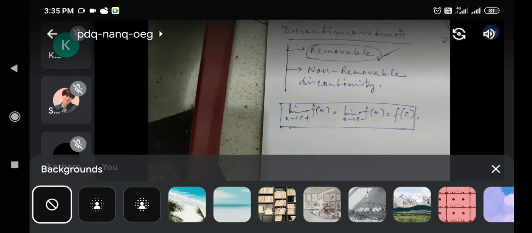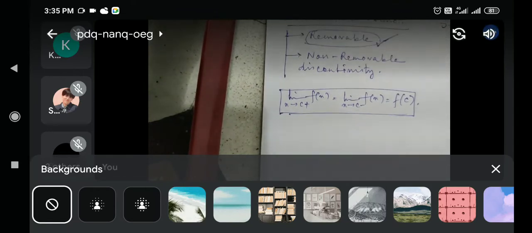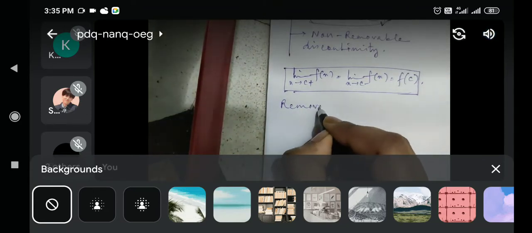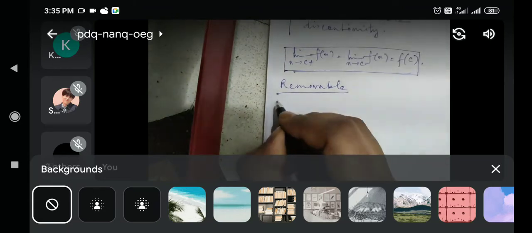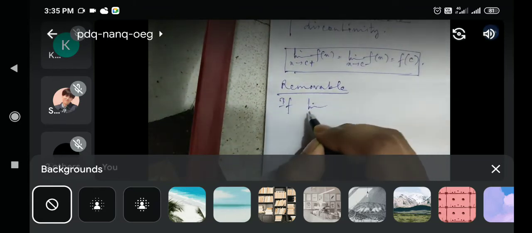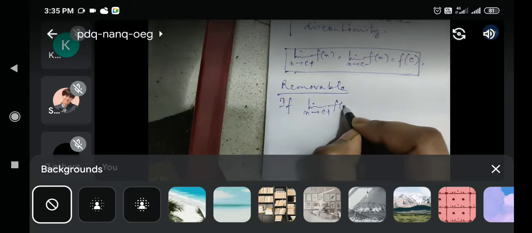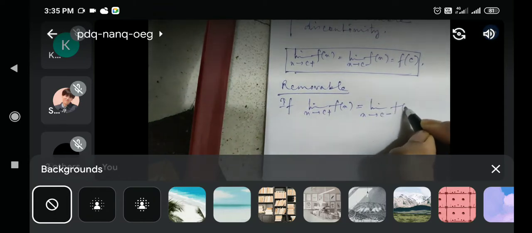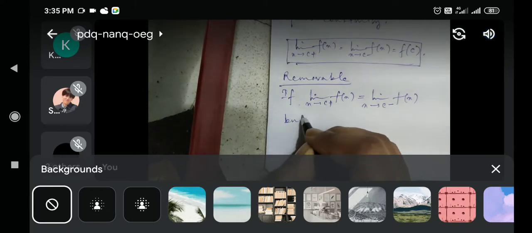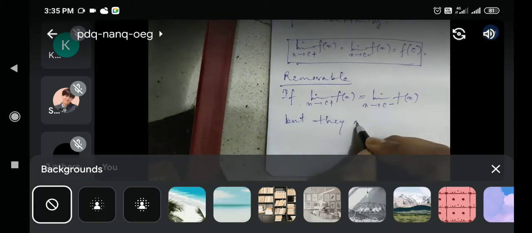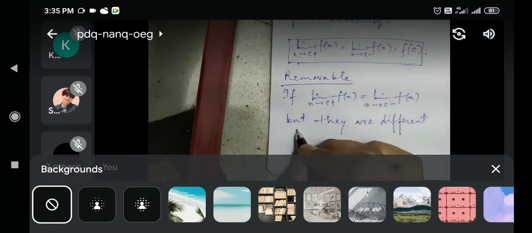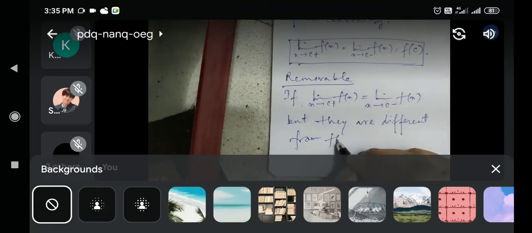Now we will say that discontinuity is removable if limit x→c+ f(x) = limit x→c- f(x), but they are different from f(c).